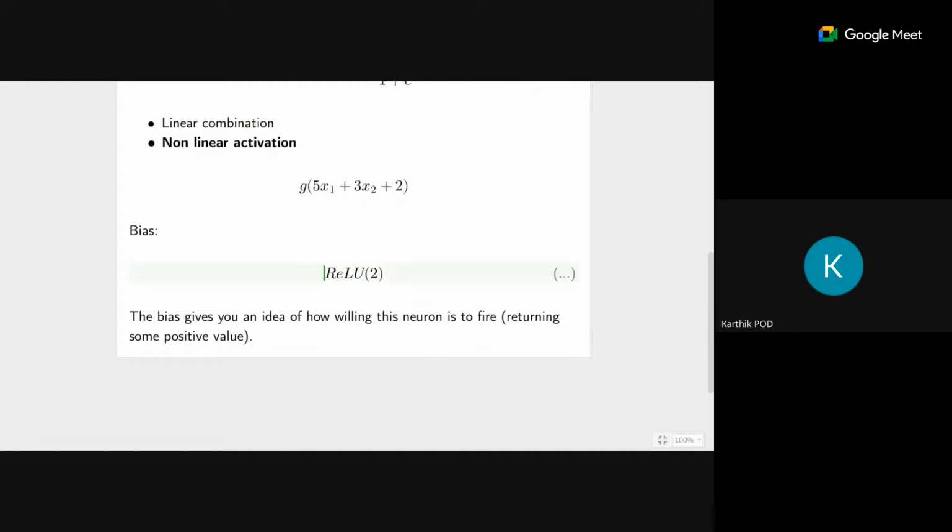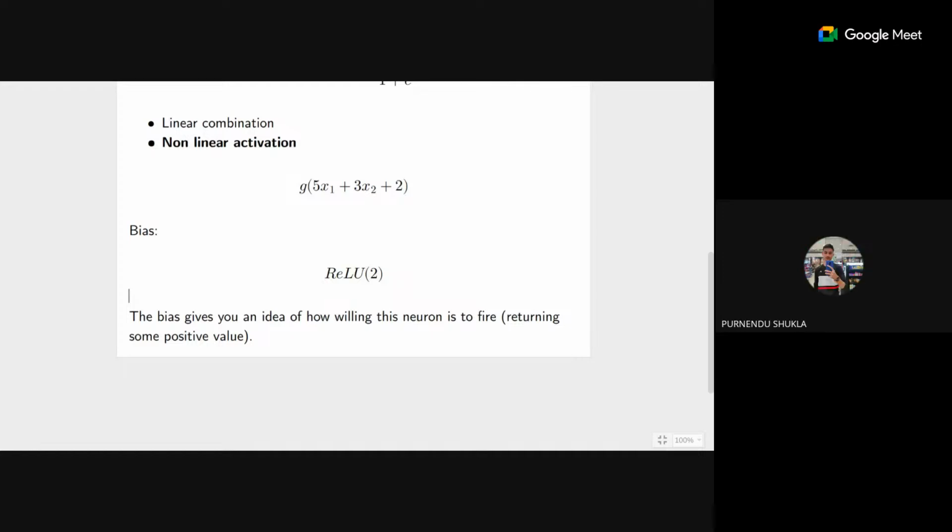If all the inputs are 0, how willing is it to fire? If x1 and x2 happen to be positive, then that neuron will be even more activated. But if they are 0, by default, what propensity do they have to fire is what the bias tells you.